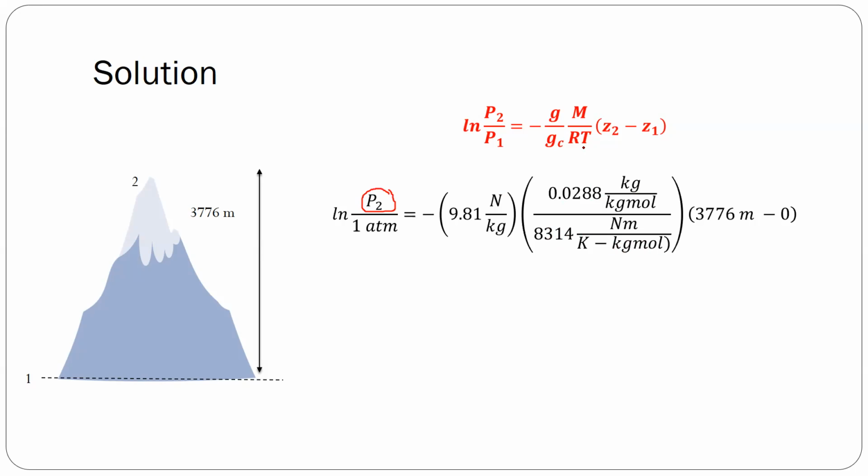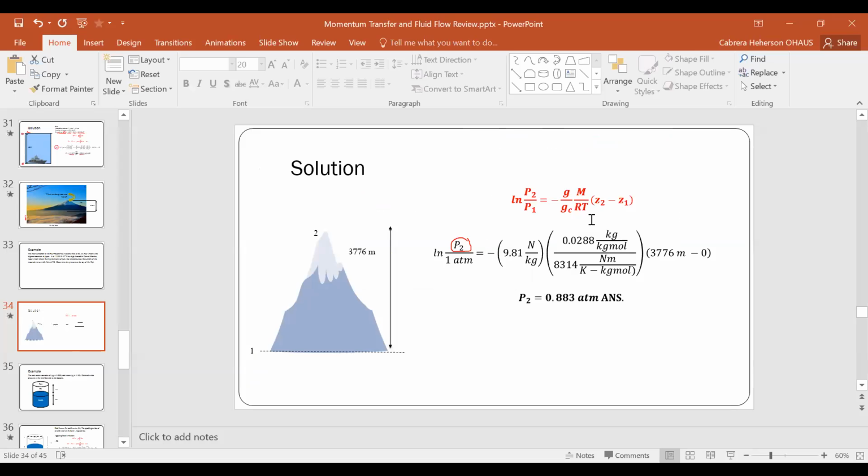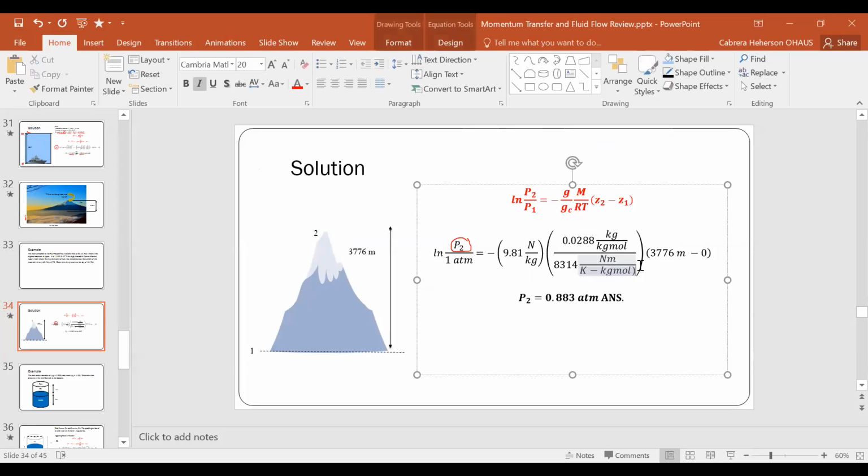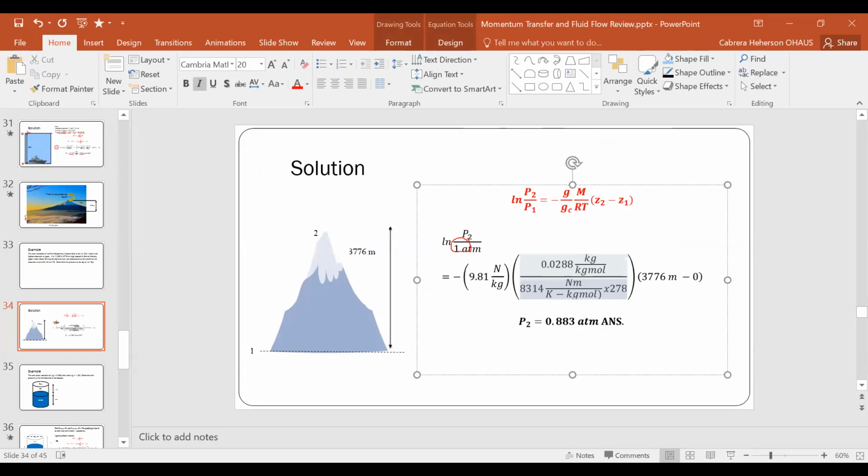I forgot to include times temperature, right? So let me, one moment. Times 5 degrees Celsius, right? 5 degrees Celsius in Kelvin, that's 278. Okay, Kelvin. All right. Now let me check if the answer will change.